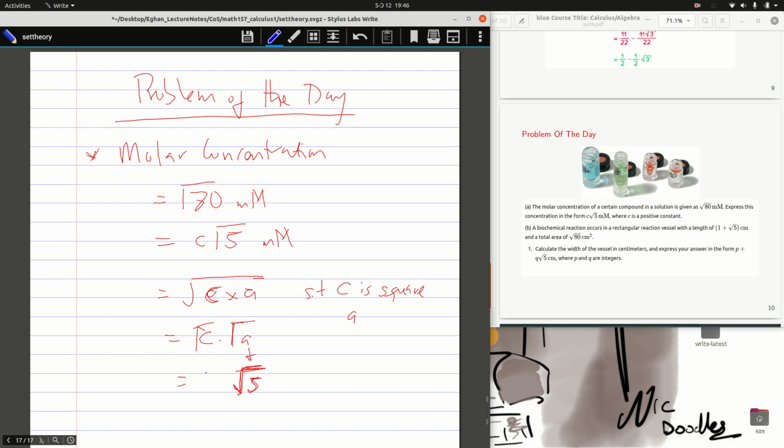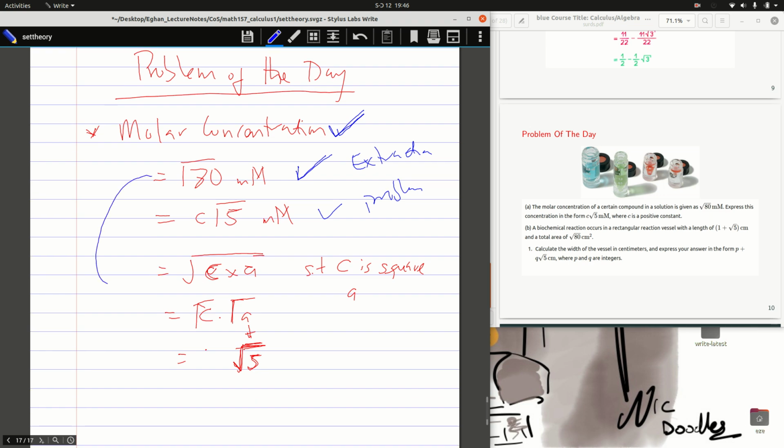It says express the concentration in a certain form, where C is a positive constant. So the problem is working on a molar concentration. It has given me the value of it, and it's requesting me, so I've done the extraction here. Now the problem is to find this in a certain form as C root 5.